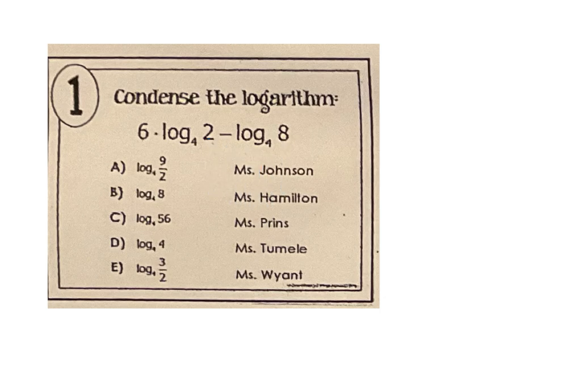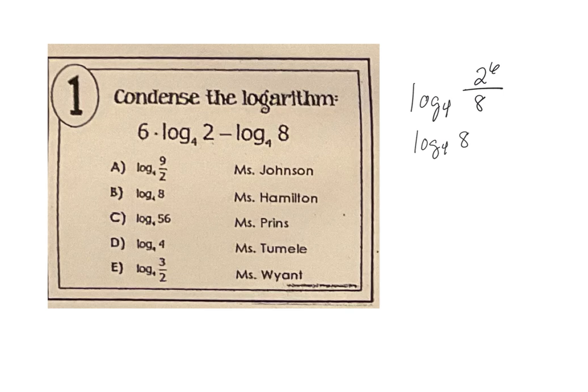So we can write that quickly as log base 4 of 2 to the 6 divided by 8. And when we put 2 to the 6 over 8 in our calculator, we find that this is log base 4 of 8.